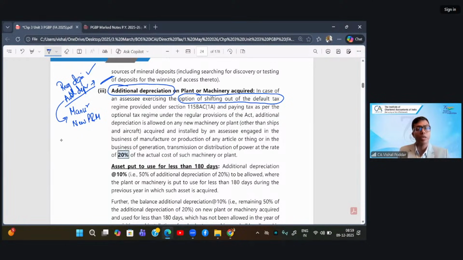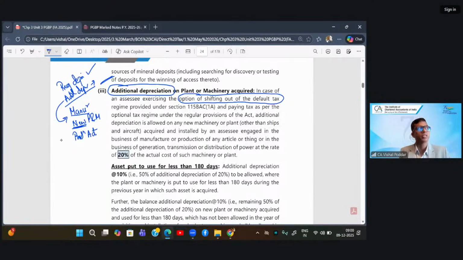So first, it is allowed only to manufacturers. Second, the plant and machinery should be new. Third, it should be used for production activity. Now you'll say, sir, plant and machinery will be used for production only. No, there are machines which may be used for other purposes, like even your vehicles are machines. They come in the plant and machinery category only because they are machines, but they are not eligible for additional depreciation.